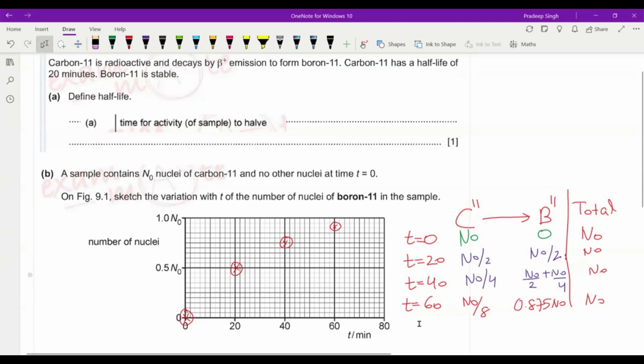One second. 0.9375. So we will go very close to 1 and not touch it. That's it. So after plotting the points, then you just draw the graph. This is for boron.